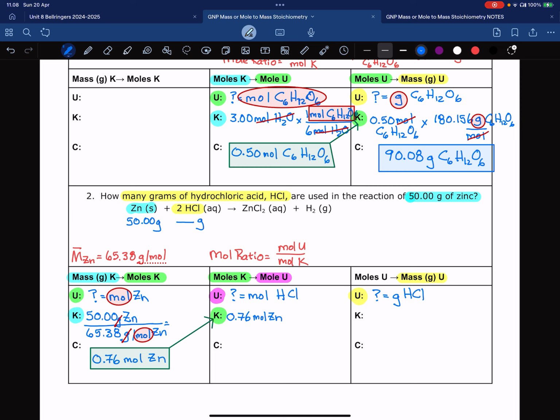So I'm going to multiply by moles of hydrochloric acid, which is 2. That's my unknown. 2 moles of HCl divided by moles of my known. What was my known? Zinc. That's only 1.